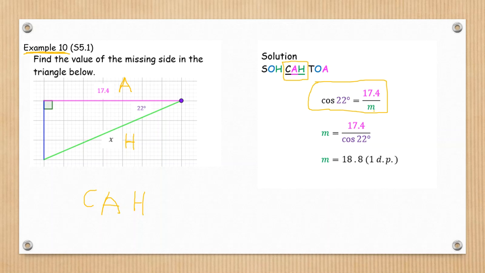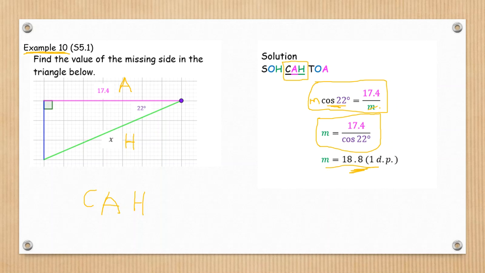This time around we multiply both sides by m. So m comes over here. And then we divide by cos 22 degrees to give us this equation. So m equals 18.8 to 1 decimal place.